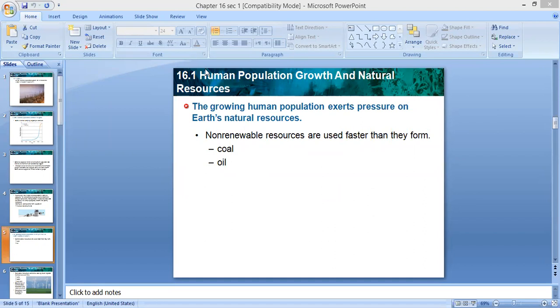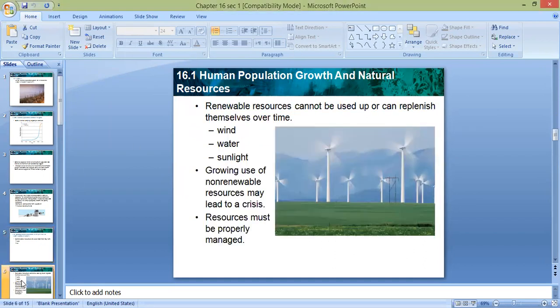We have another type of resources, which are renewable resources that can be replenished at the same rate as they can be used, like the wind, the water, the sunlight. We said we have to be wise and manage our use of these resources. Why?